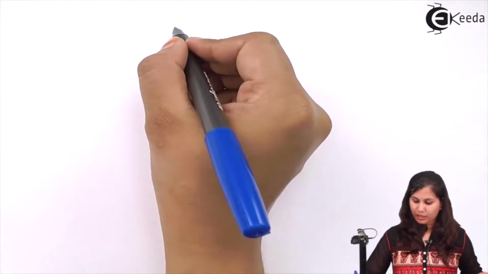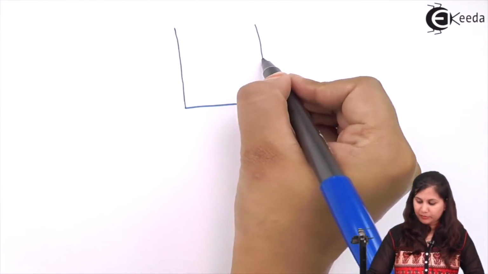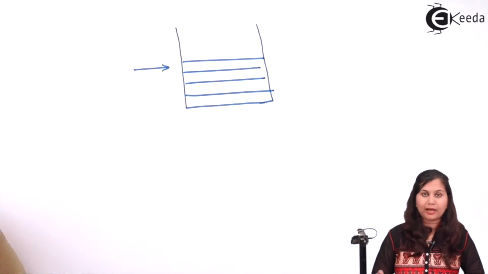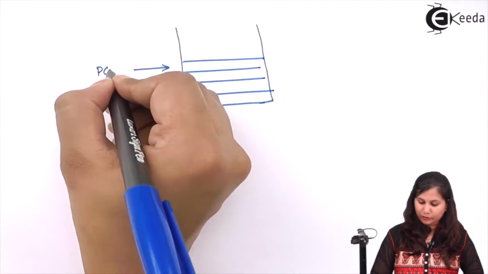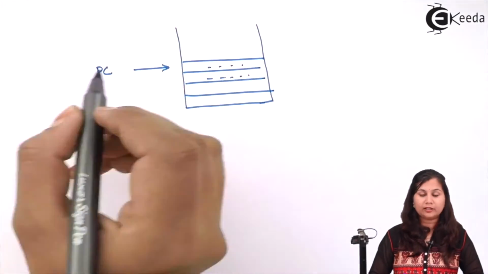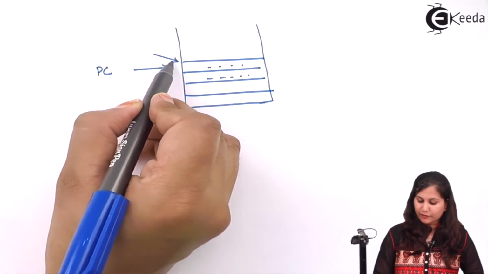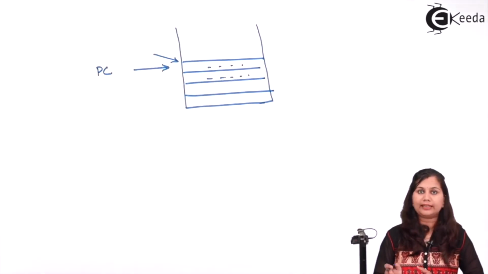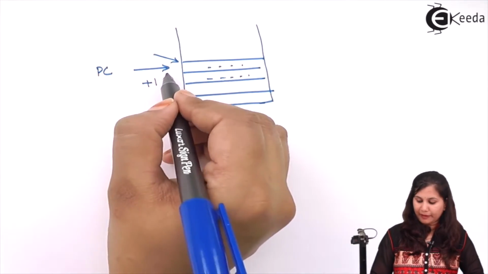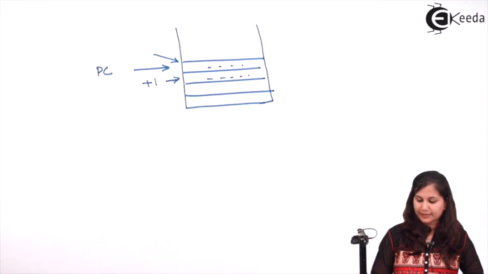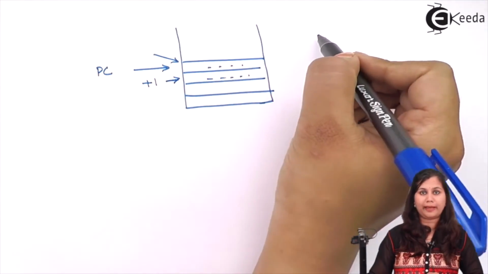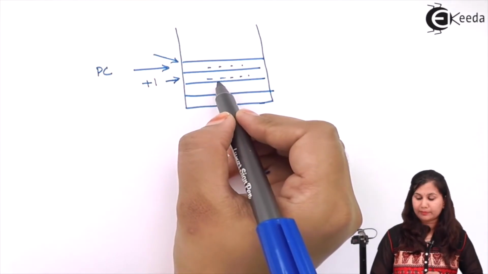So if we have this as a memory location, and this is the program counter, first it is pointing at this memory location. First instruction is written here, then second instruction is written here. First the microprocessor will fetch the first instruction, then decode it and execute it. Then this program counter will be incremented by 1 and it is going to point at this memory location, so that after the execution of the first instruction the microprocessor will come back to this memory location.